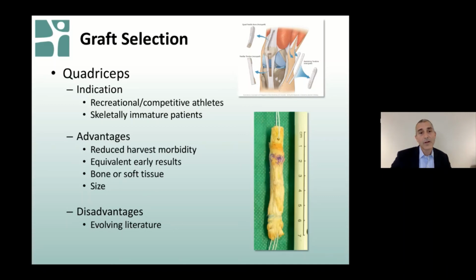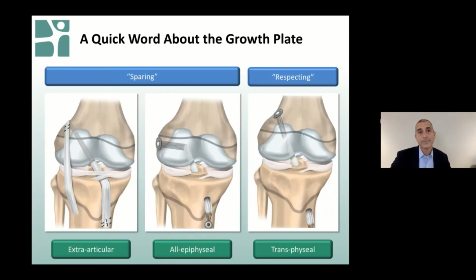The benefits are that it reduces the harvest morbidity associated with the patellar tendon, and it allows you to harvest a larger graft for our competitive athletes. So this may be a graft that increases in popularity over time as literature is published about its long-term results.